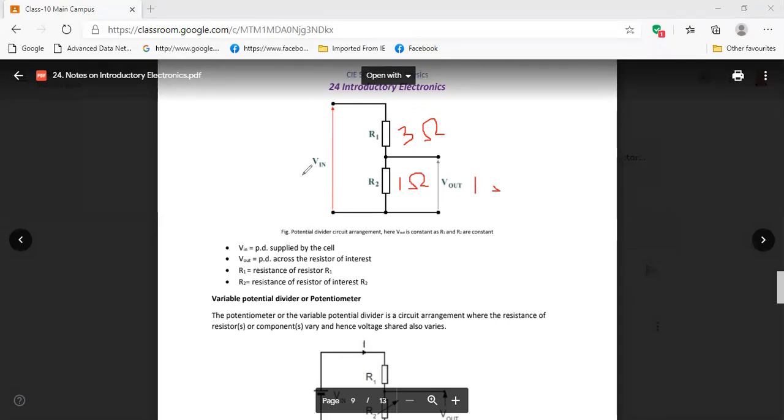Then this one is the power supply. Power supply is 12 volts. Okay. Then how do you calculate this V out? What is the formula?